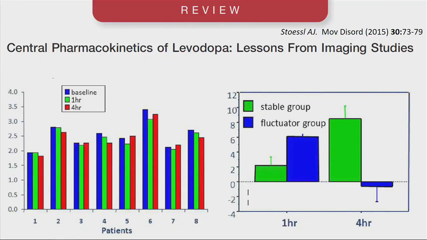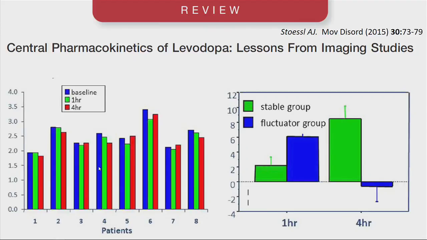And what John Stossel and his group did was to take a group of mild to moderately severe Parkinson's disease patients from their clinic, and they used the administration of levodopa instead of an amphetamine injection to trace the levodopa effects on synaptic dopamine. And each of these clusters of bars is one of their patients, and they determined the effect or the availability of dopamine receptors at baseline, and then following a significant oral dosage of levodopa at 1 hour, and then again at 4 hours after that dose.